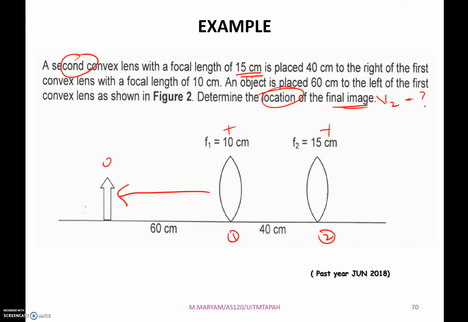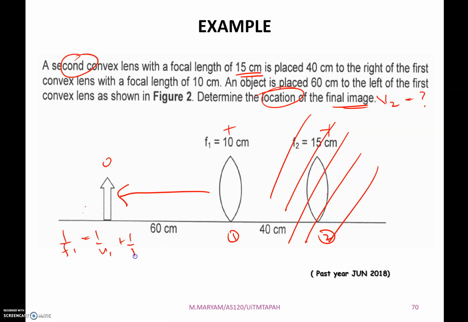So again, like I mentioned before, ignore the second lens. Let's focus on the first lens. 1/f1 = 1/u1 + 1/v1. So put in all the values. I have my f there, I also have my u, and I need to find my v1.